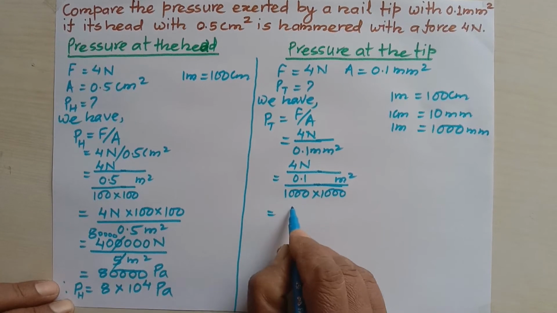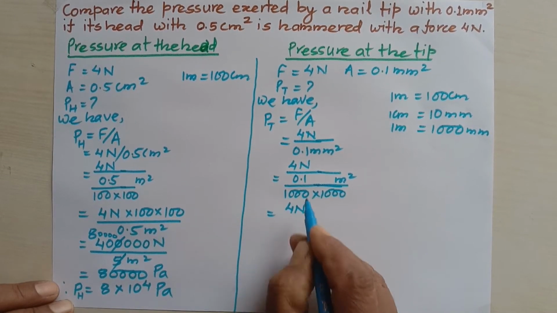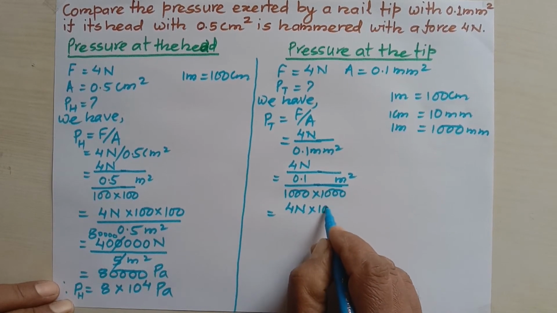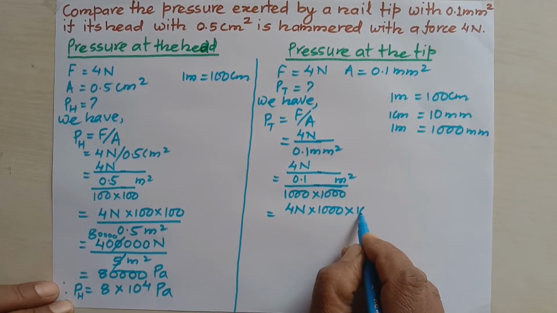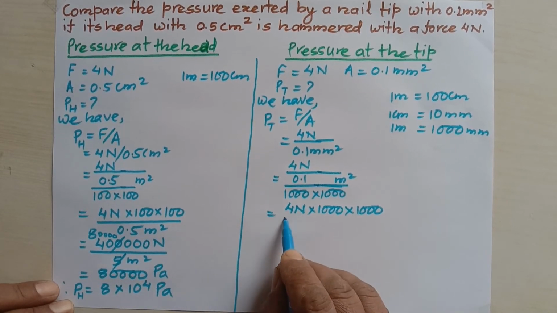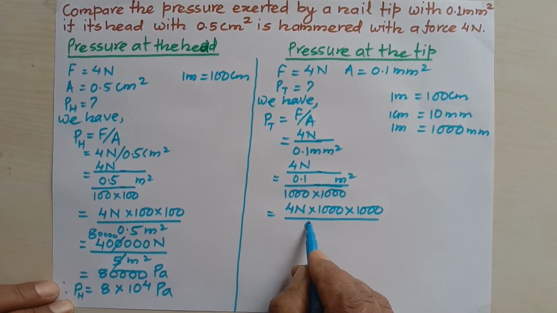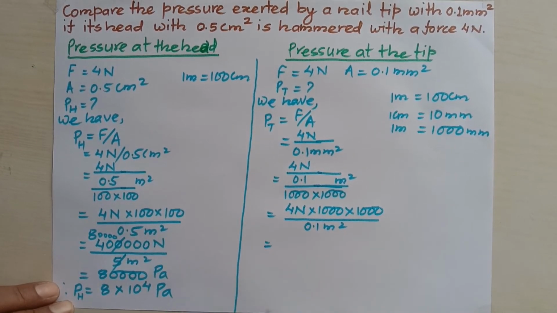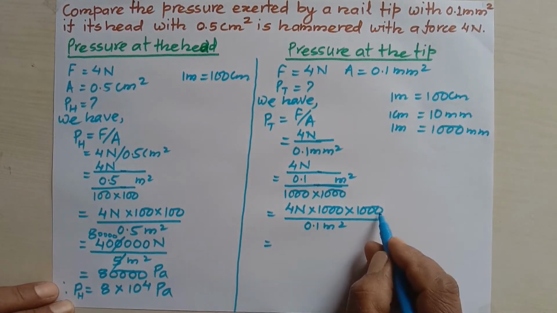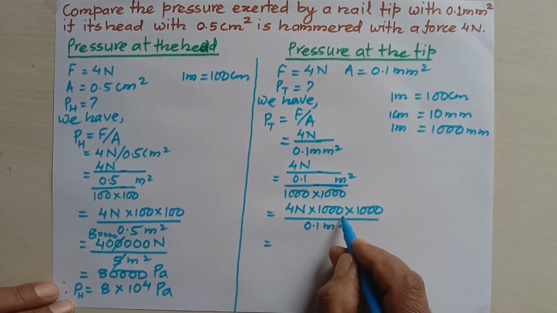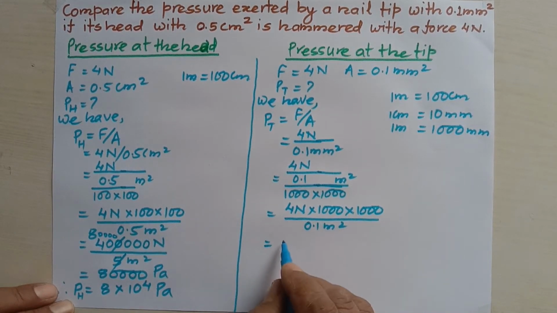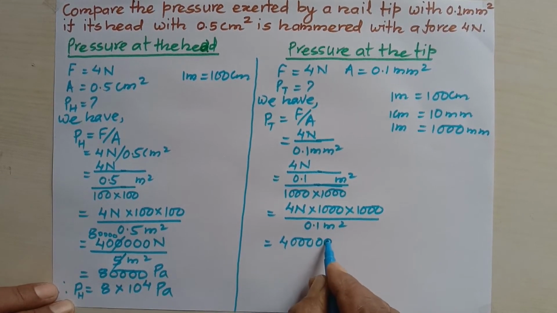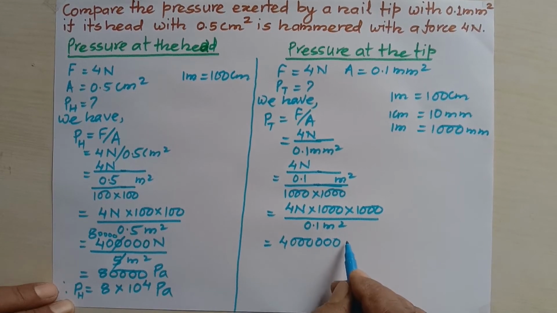So this is equal to 4 Newton, and in the denominator this 1000 goes up. We can write 1000 into 1000, divided by 0.1, in meter square. Now what happened? 4 having 6 zeros, if 4 is multiplied with 1000, again 1000, then 4 having 1, 2, 3 zeros here, 1, 2, 3 zeros here. Now this much Newton.